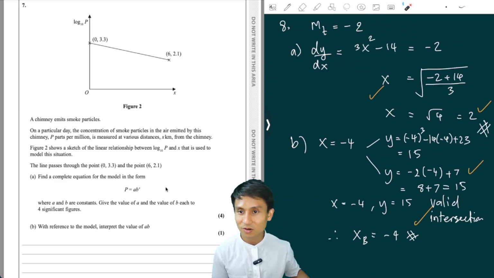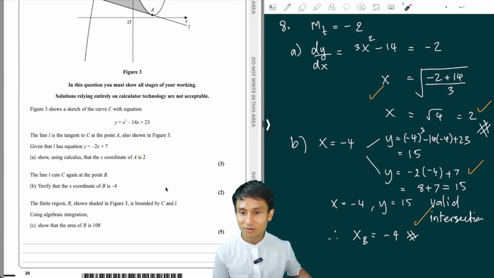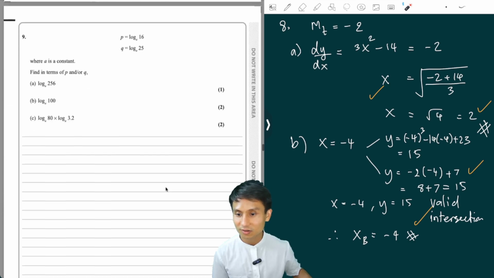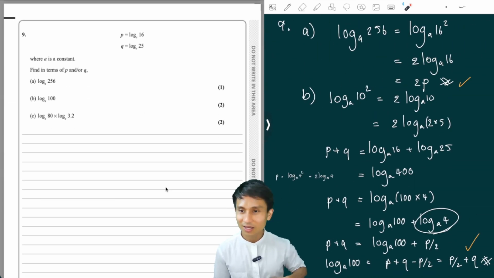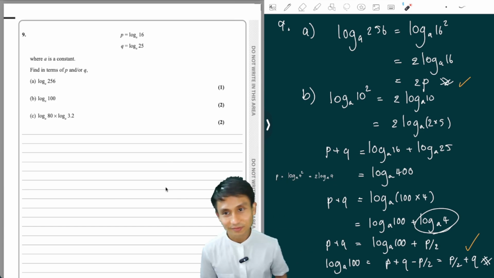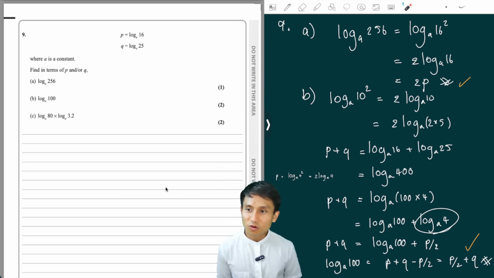And you explain accordingly. So for number 8, I think, yeah, it's fine. Calculus and coordinate geometry. Oh, this one. This one is going to be a real deal here. Yeah, this one is not that easy. So you're going to need a strong foundation in log properties here. Good basics, I mean.